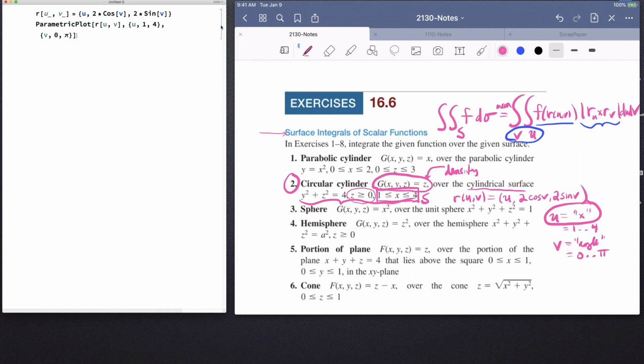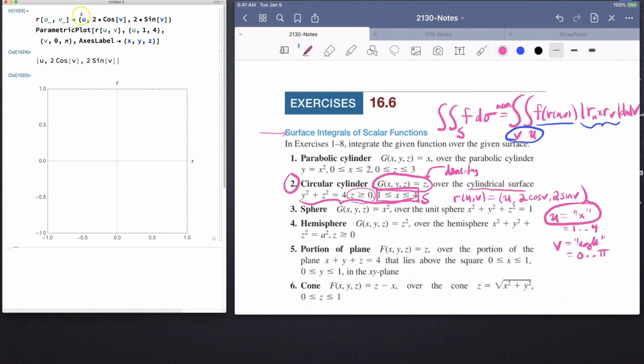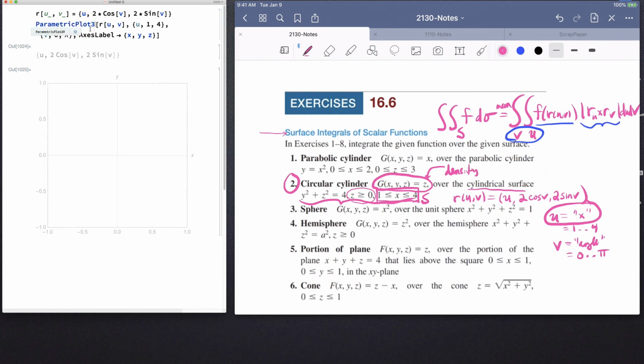So we should see a cylinder in the correct plane, extending from an x value of 1 to 4, and we should see only the top part of it. Let me bring in my axes labels for the surface. This should be a parametric plot 3D.